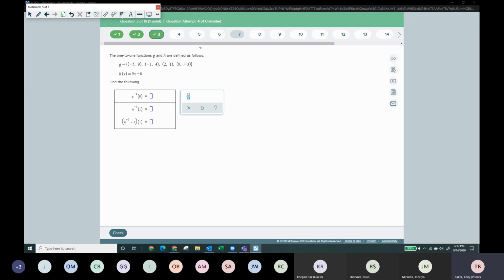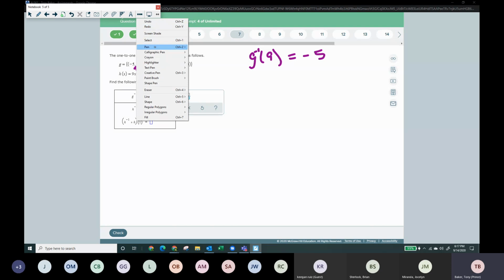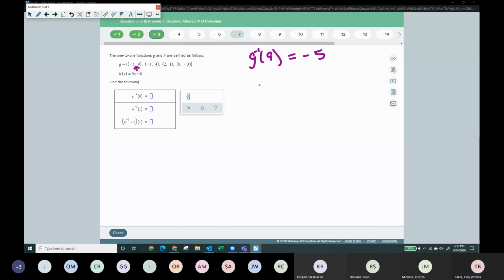All right, so the first one, the g negative 1 of 9. So again, I'm looking for the 9 and the y, which is there. So then my answer is negative 5. Now I'm looking for h negative 1 of x. So h of x is 9x minus 8.